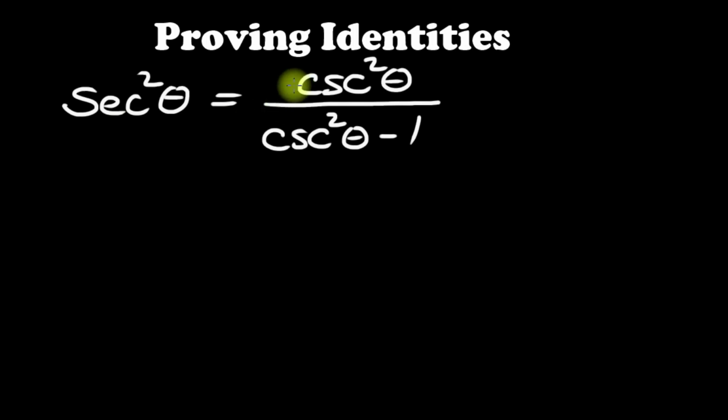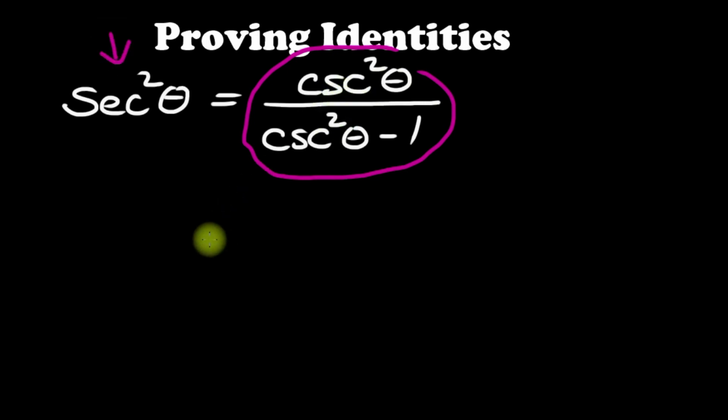It looks like we have to work the expression on the right-hand side, because it is more complicated than this side. We're going to simplify the one on the right and show that it comes out to secant squared. We're going to keep cosecant squared for now, not change it to 1 over sine squared yet.